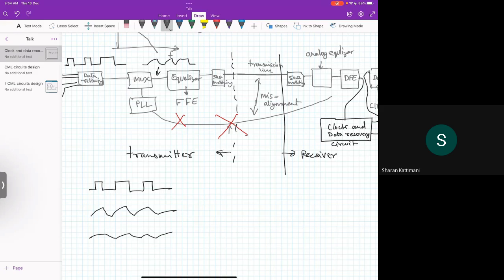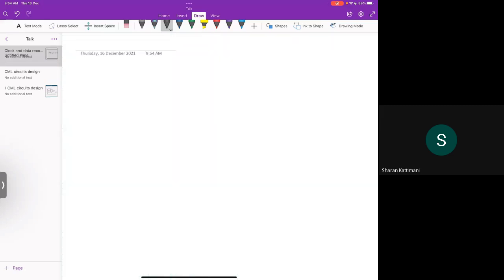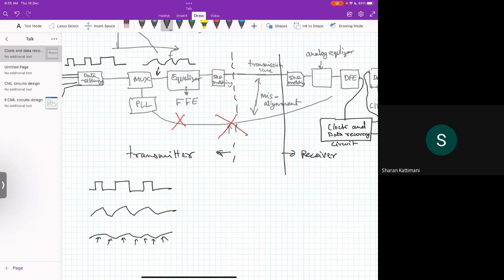This rise and this fall is different for each of the pulses. This is the challenge: we need to understand where is 1 and where is 0 in this waveform, and then try to recover it. That is why equalization is very much required, so that at least the data is in a form that can be recovered.